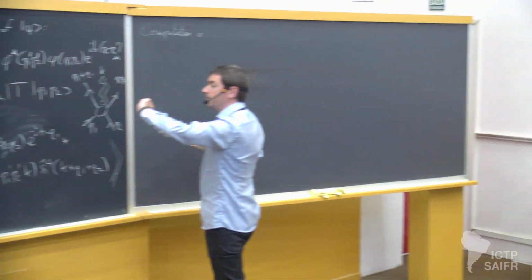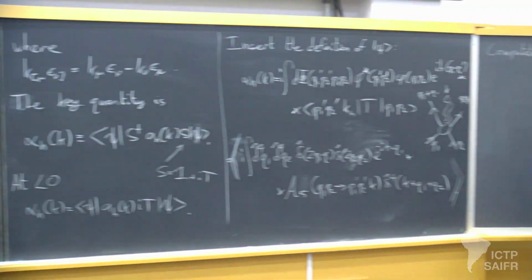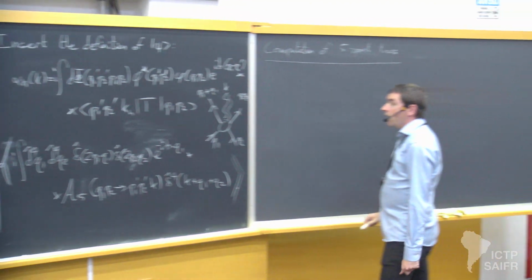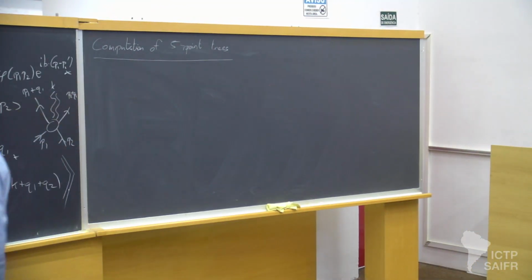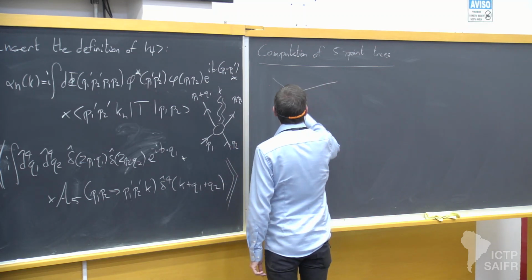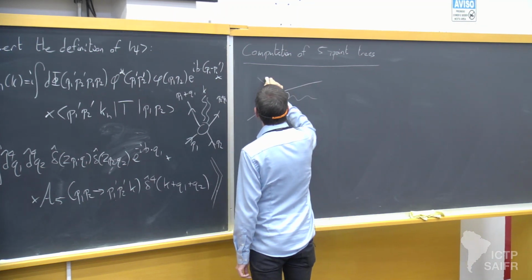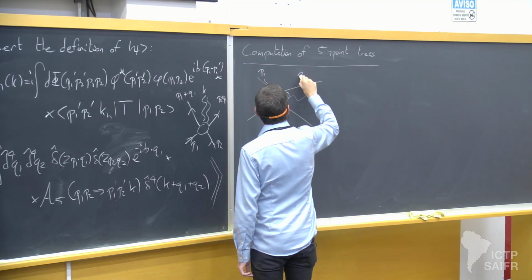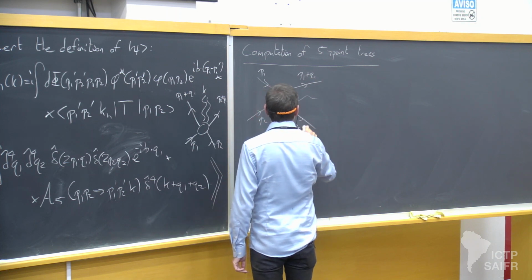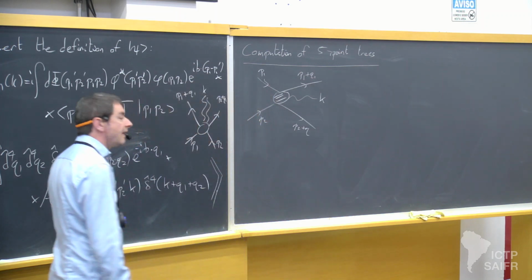Now, the situation of interest looks like this. There's some blob here with some outgoing particles: P1, P1 plus Q1, P2 plus Q2, and some momentum K. So I want to compute this 5-point tree.